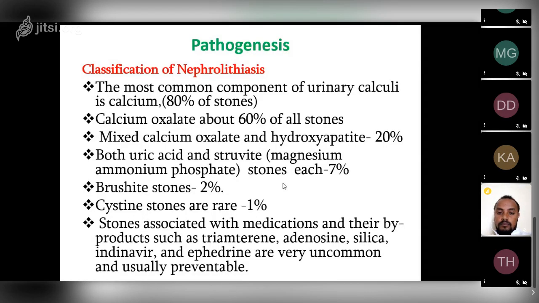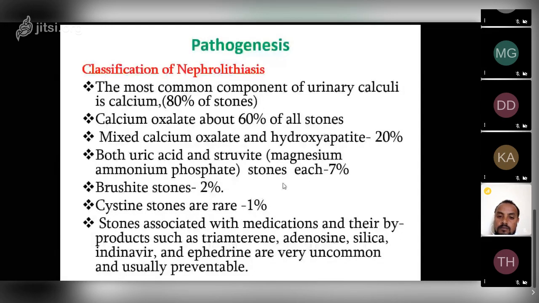Let's go to the pathogenesis of the stone or renal stone. There are different classifications of nephrolithiasis. The most common component of urinary calculi is calcium. About 80% of the stones contain calcium, and calcium oxalate is about 60% of all stones.